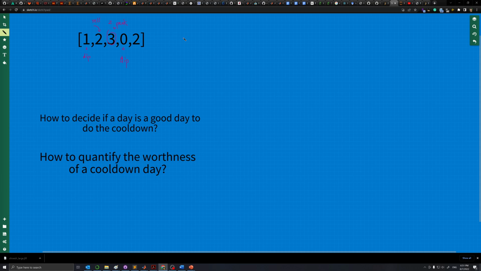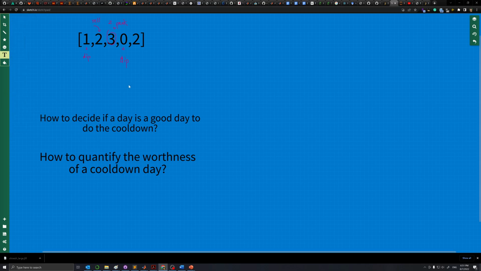We can just sell at the peak, then do a cooldown, and then wait for the next dip. That's just natural. If we have the freedom to cool down between a peak and a dip, that is perfect.